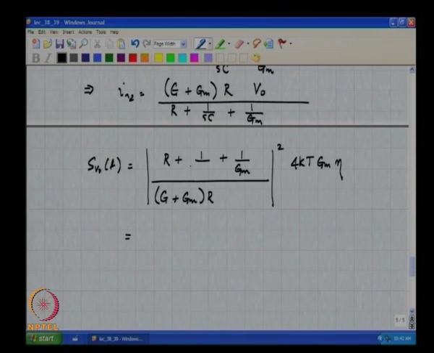This must be J 2 pi f c, since we are interested in spectral density as a function of Hertz, right.